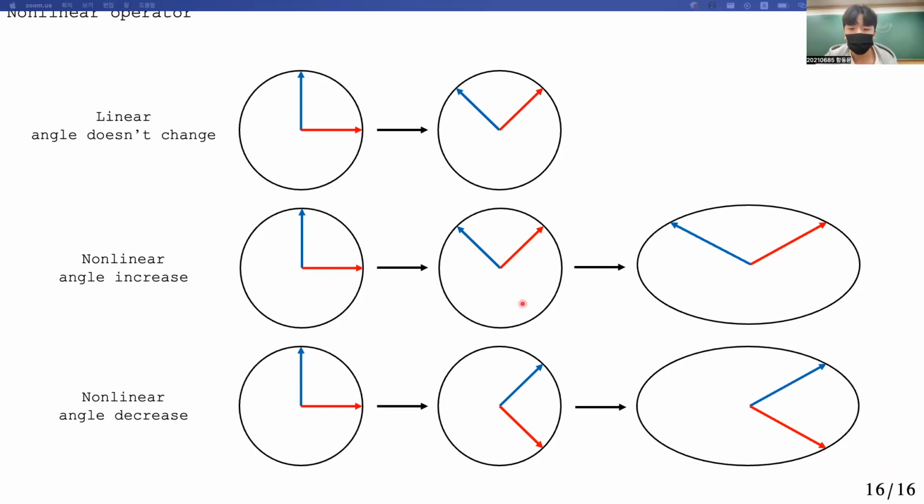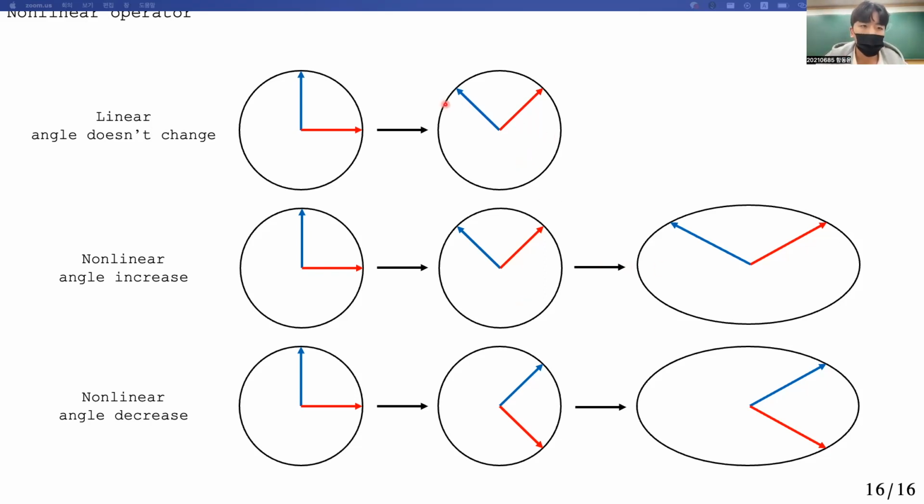This is not an official figure, but I drew it based on my intuition about the relation between stretching the sphere and angle changing by a nonlinear operator. It's not correct, but this slide will help you to understand what I said earlier.